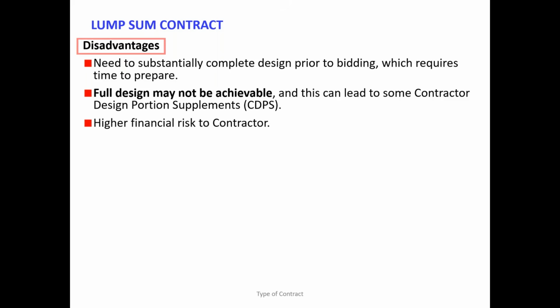Since you transfer the financial risk to the contractor, let's go to the same example we discussed about the taxi driver. City A to B, landmark to landmark, we agreed, but in between a route diversion happened. The highway is blocked or something happened, and the taxi driver needs to take a longer route.